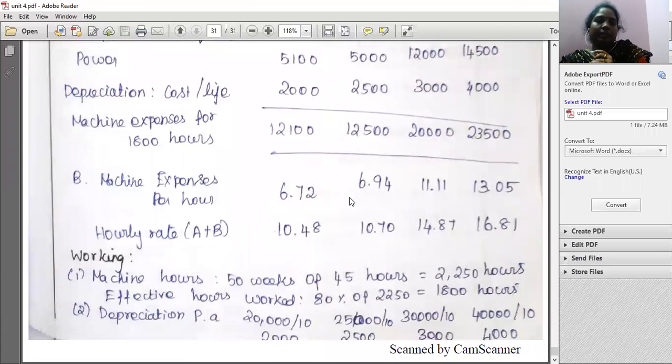And it can be converted to an hourly basis. We divide 12,100 by 1,800, 12,500 by 1,800, 20,000 by 1,800, and 23,500 by 1,800. The machine hour rate is accumulated, and the standing charges rate plus the machine expenses rate gives the total machine hour rate.